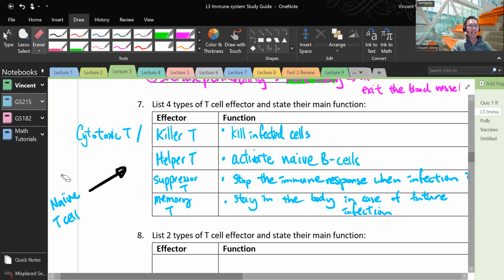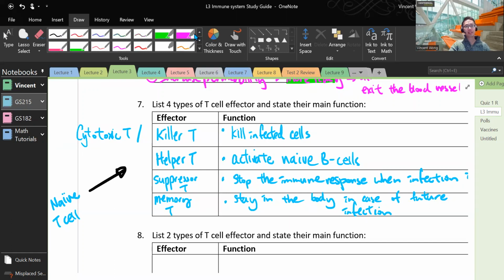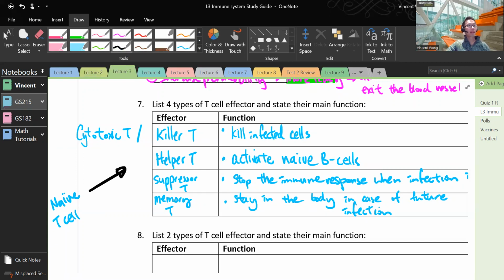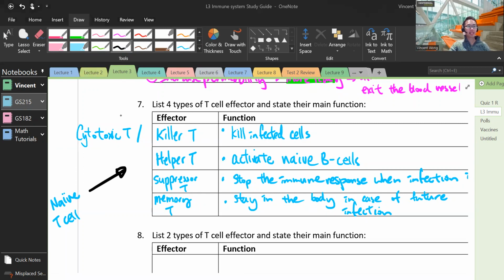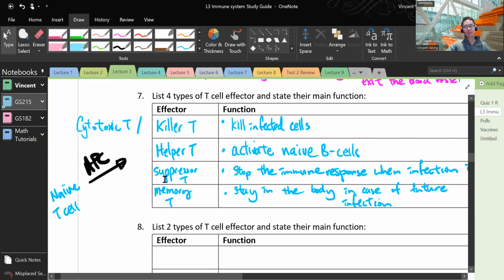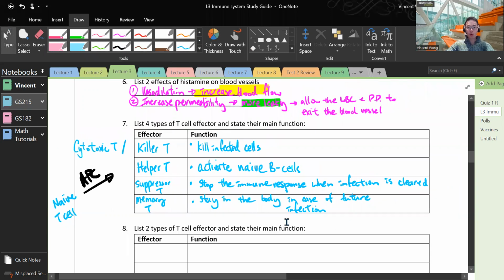And in order to activate a naive T cell, what kind of cells do we need? What is the trigger for activating naive T cells? Anybody remember? Yep, it would be the APC. That's correct. The antigen presenting cell, right? The macrophage that we talked about. Okay, so let's continue with the story.